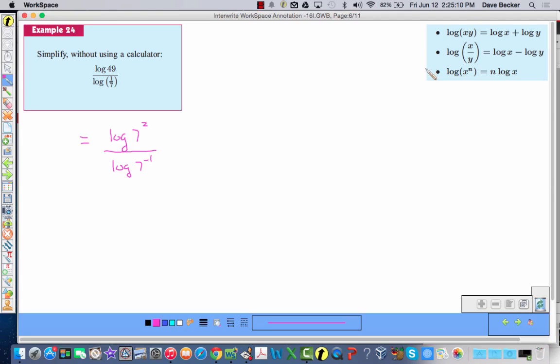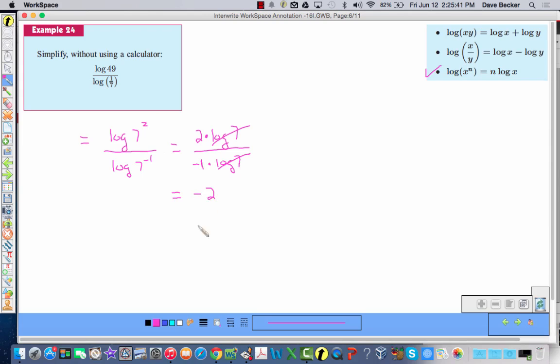And now using this logarithm law, I can move the exponent to be a coefficient. So this becomes 2 log 7 over negative 1 times log 7. Now log 7 is just a number, so the same thing over the same thing is 1. And this becomes 2 over negative 1, or negative 2.